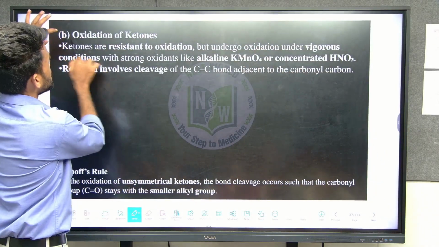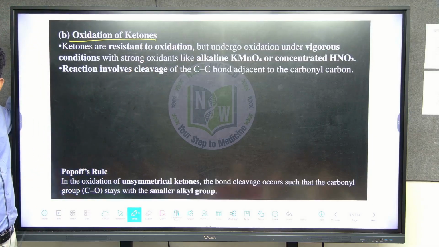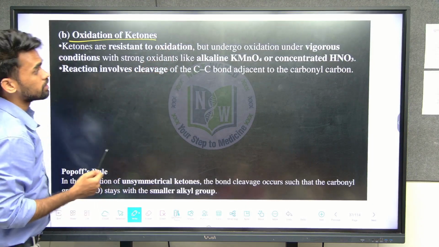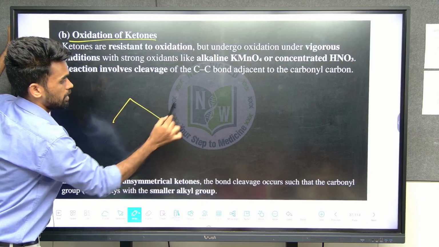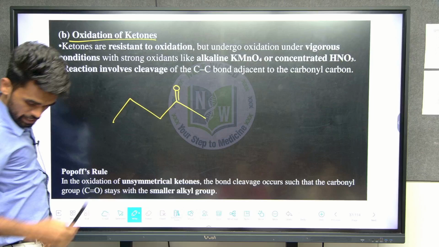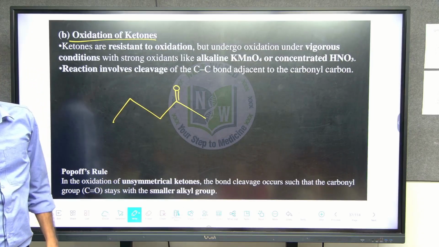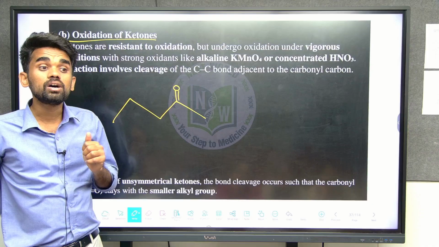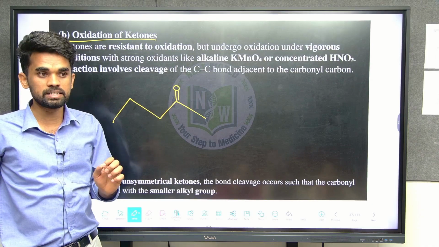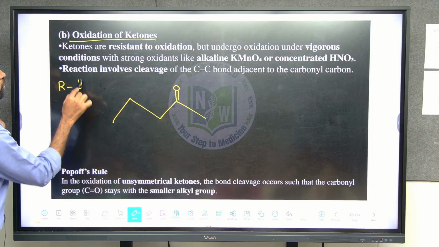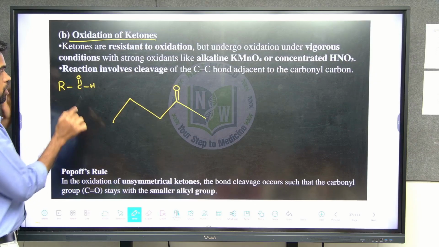Next, oxidation of ketones. Yesterday we have discussed this. Generally, oxidation of aldehydes gives you what product? See, aldehydes means RCHO.